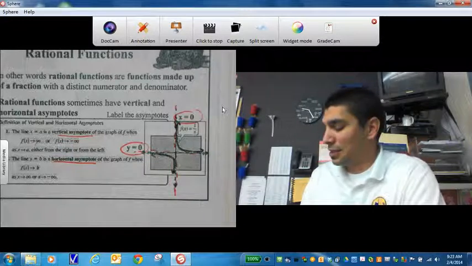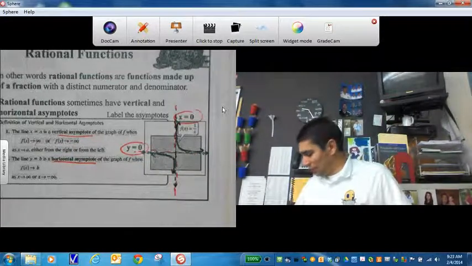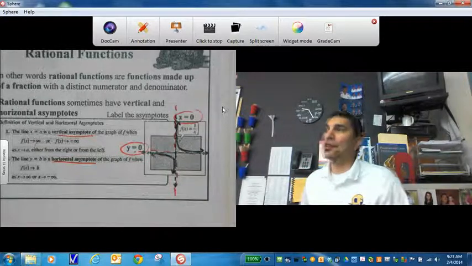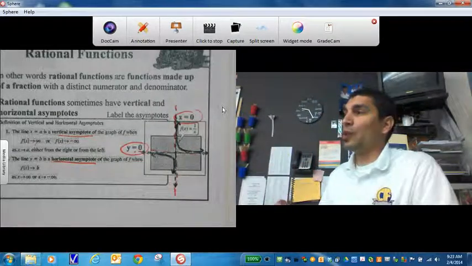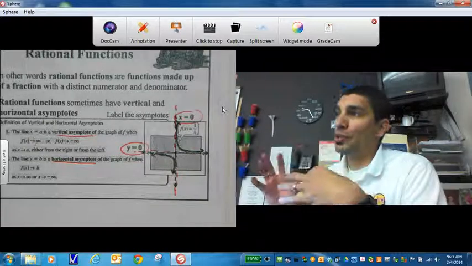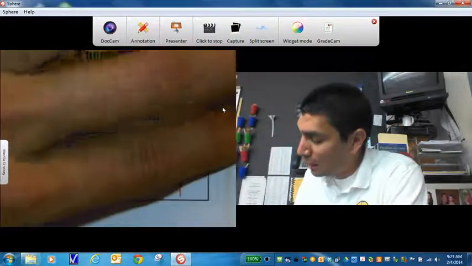That's where we begin. We begin our whole idea based off of what the graph looks like. And then, as you get better with it, you will transition to knowing what the graph is going to look like by what the equation looks like. So here's where I want to begin.